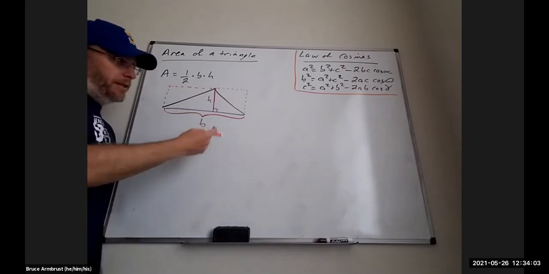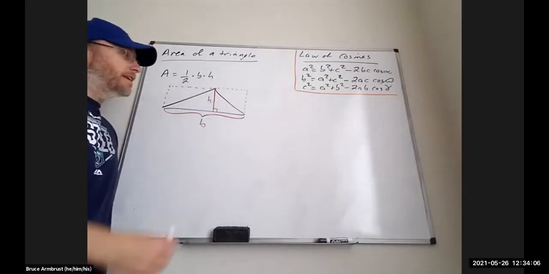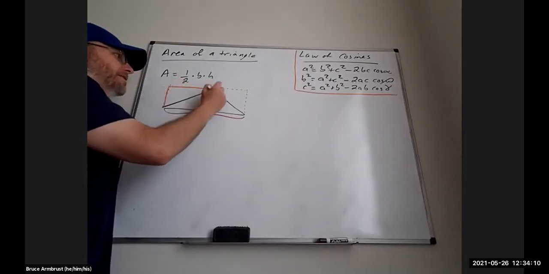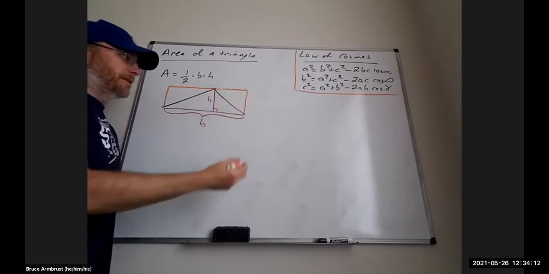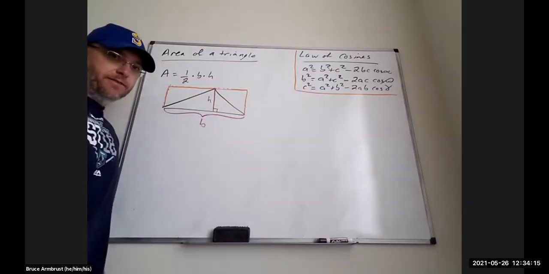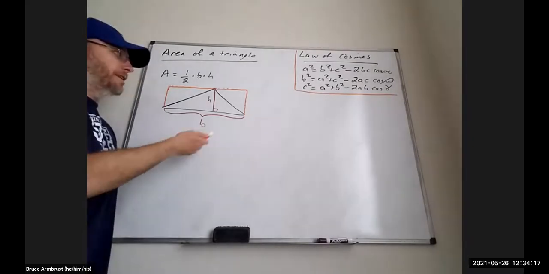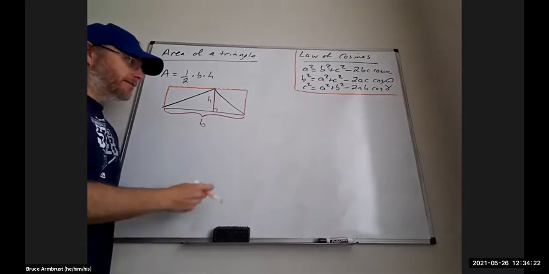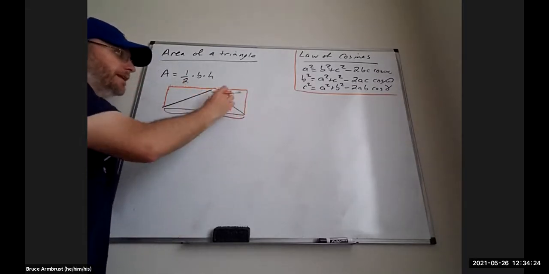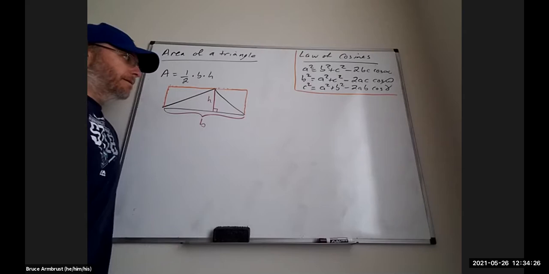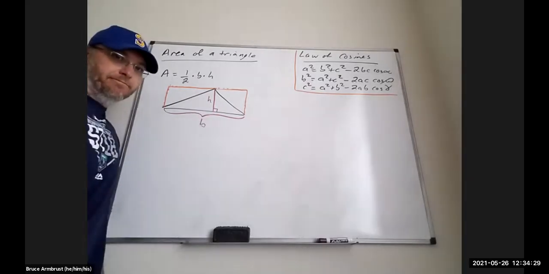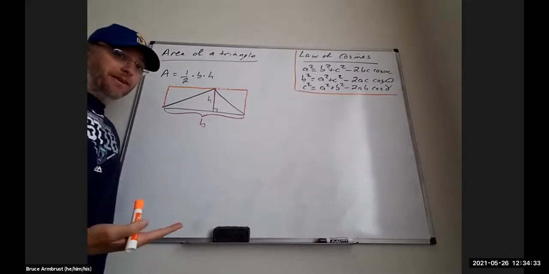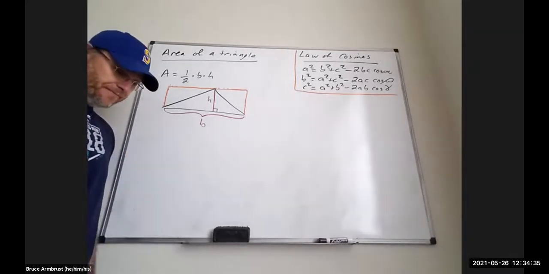What shape do you get if you put these together? Well, it's a rectangle. What's the area of a rectangle? Length times width, or base times height. So the area of the rectangle would be base times height, but our triangle is only half of it. So that's where it comes from: one half base times height.